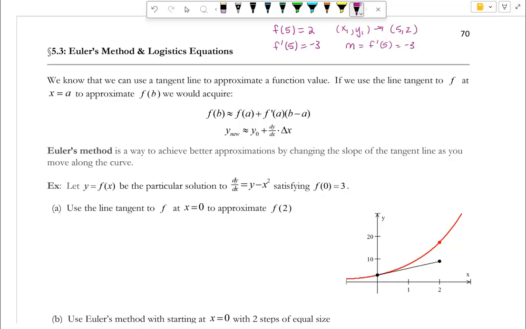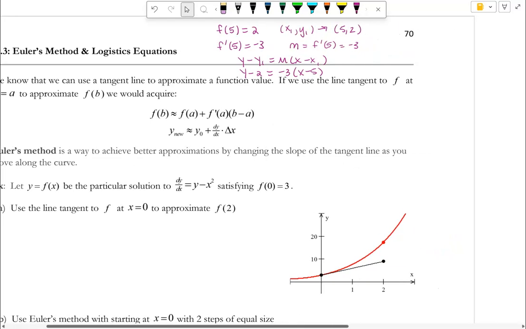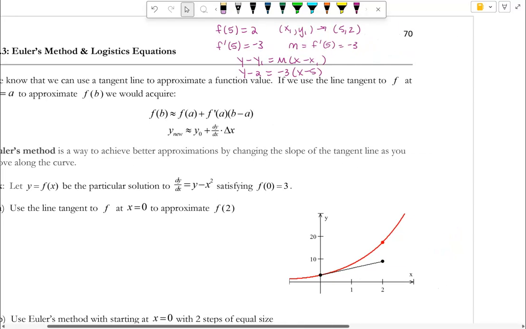Using point-slope form, y minus y sub 1 equals m times x minus x sub 1. When I fill this in, I get y minus 2 equals negative 3 times x minus 5.